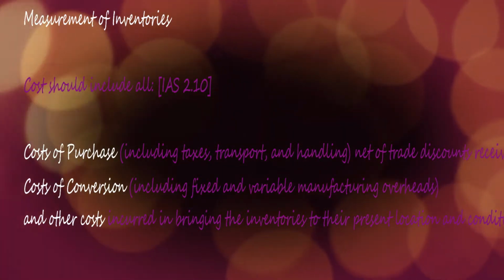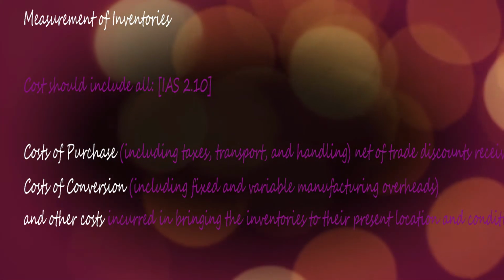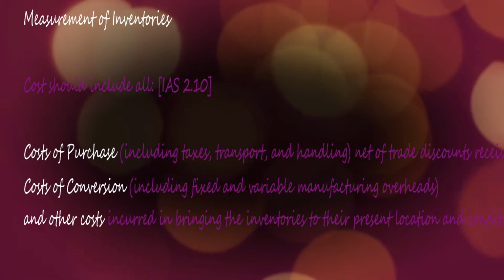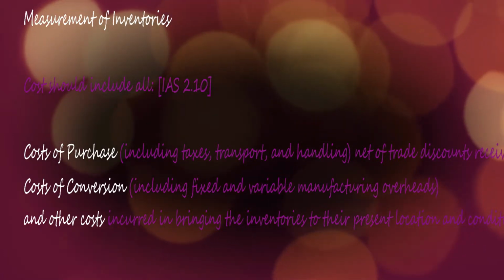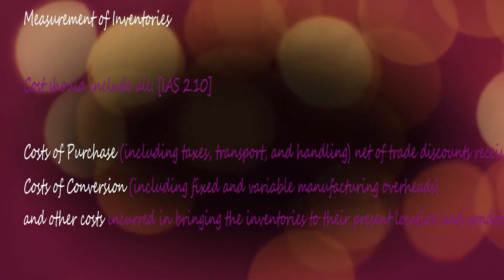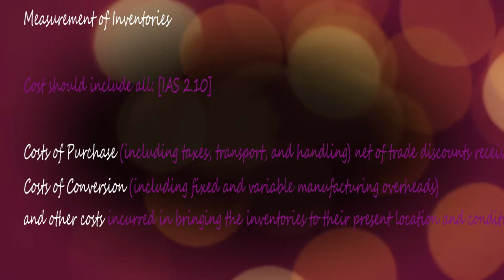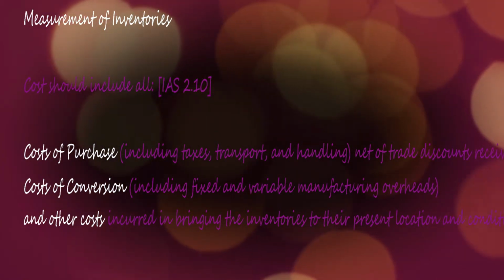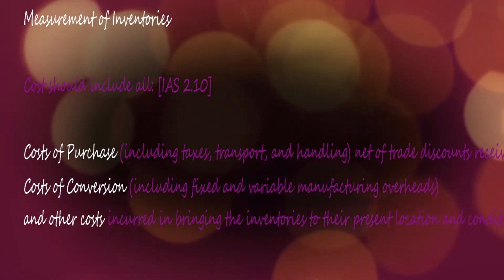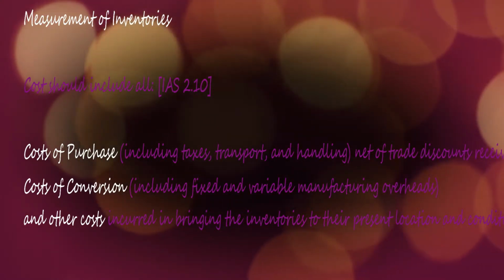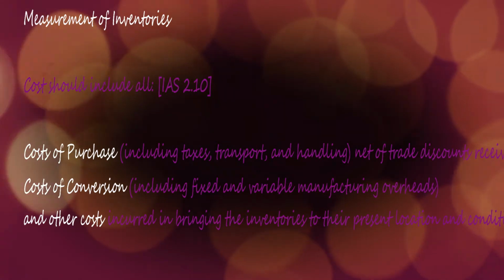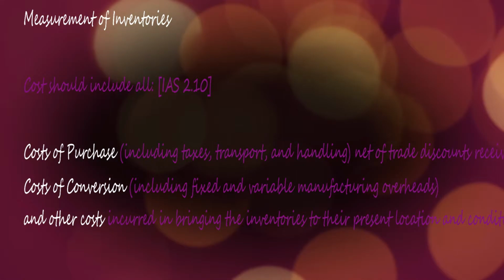Cost of conversion, including fixed and variable manufacturing overheads, and also other costs incurred in bringing the inventories to their present location and condition are the three categories of cost normally measured by IAS 2.